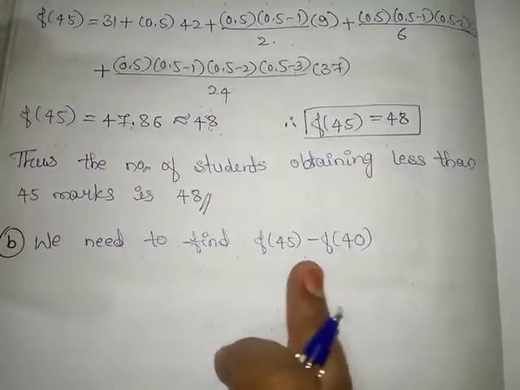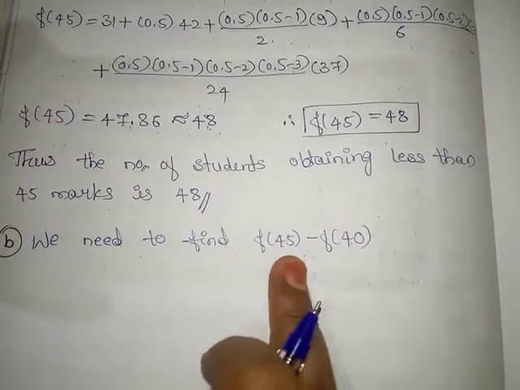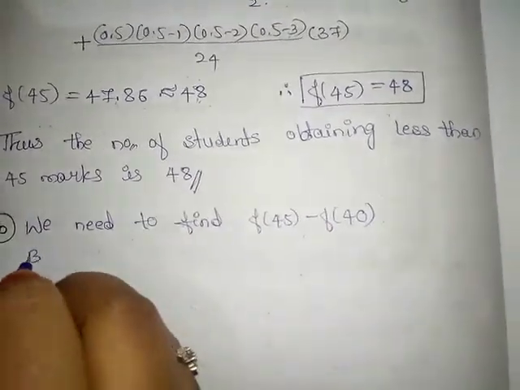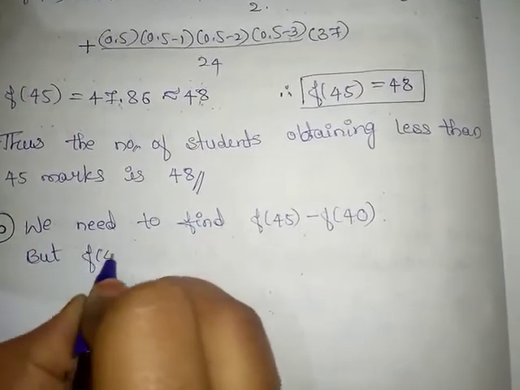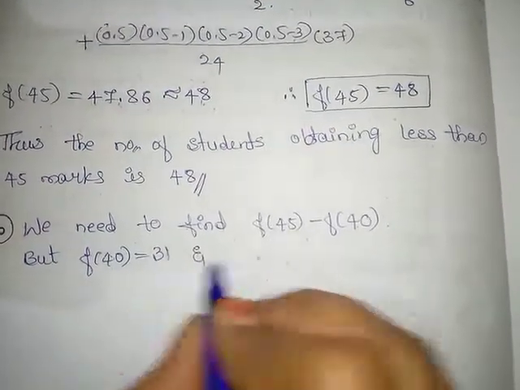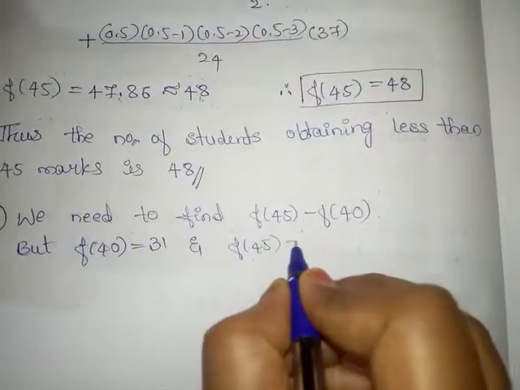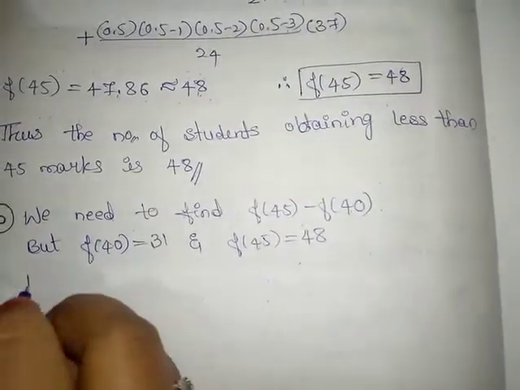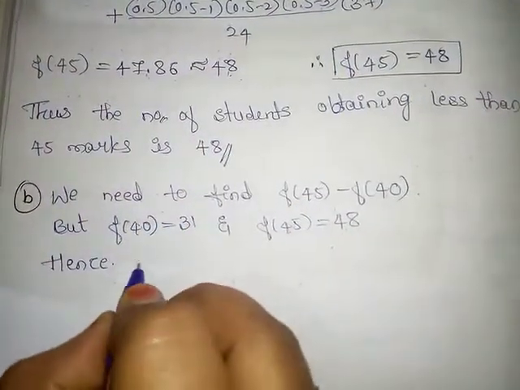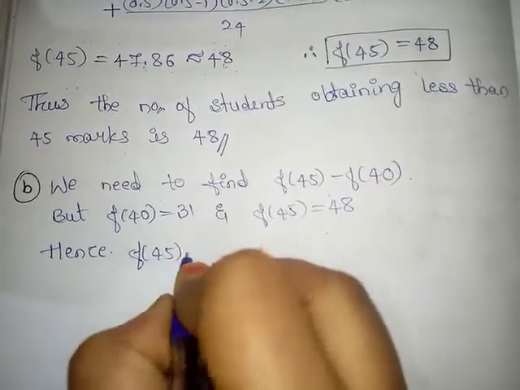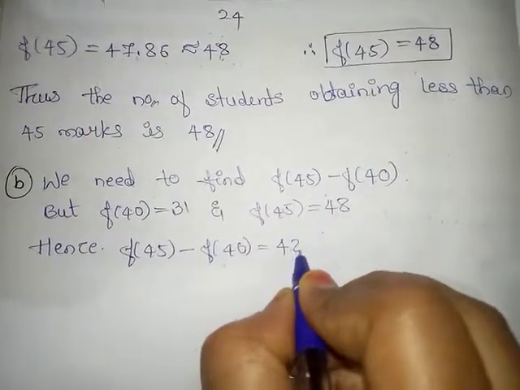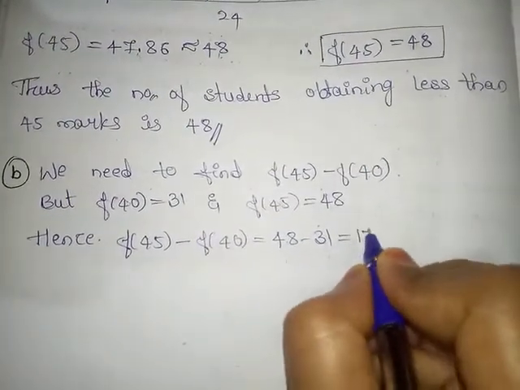We will get the number of students having marks between 40 and 45. We know that f of 40 is given, that is 31, and we have f of 45 equal to 48. Hence, f of 45 minus f of 40 is equal to 48 minus 31, which is equal to 17.